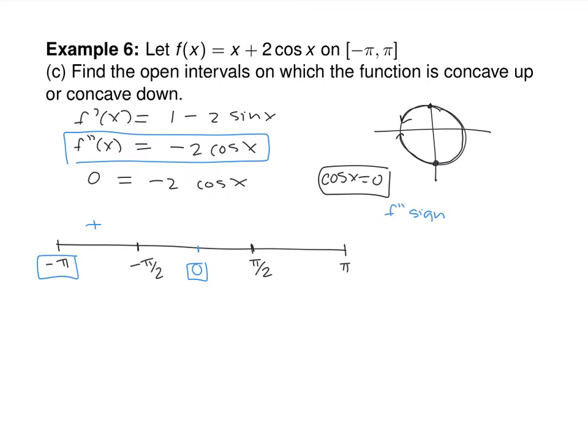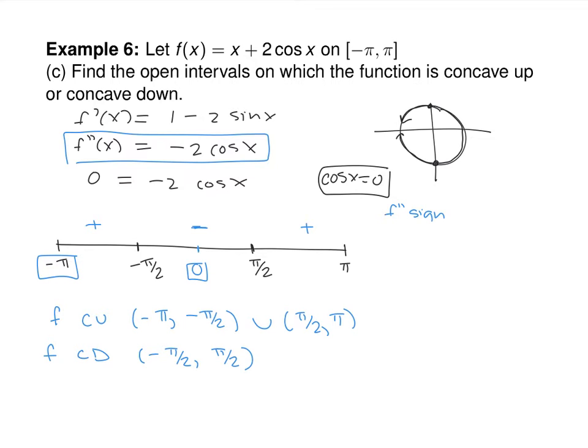Plugging in 0 into cosine, you get 1, so the second derivative is negative there. And plugging pi in is the same as plugging in negative pi. You get that the second derivative is positive there. So f is concave up from negative pi to negative pi halves, and pi halves to pi. And f is concave down from negative pi over 2 to pi over 2.